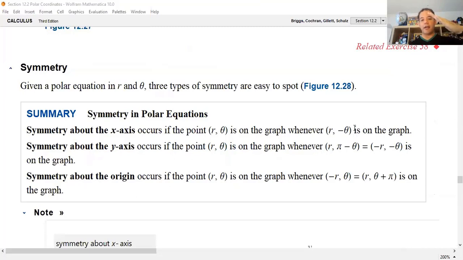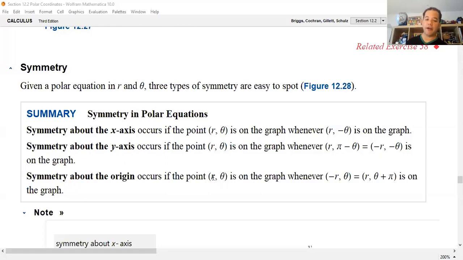So if you can change one angle by its negative, then the graph is symmetric with respect to the x-axis. If you can change (r, theta) with (r, pi minus theta), which is the same as (negative r, negative theta), then it will be symmetric with respect to the y-axis.